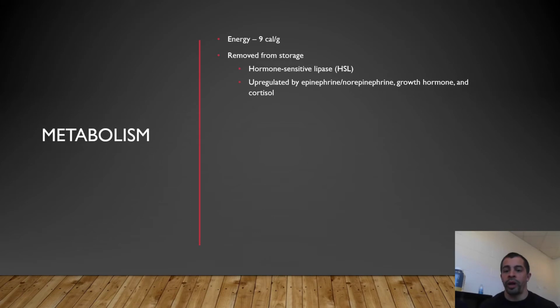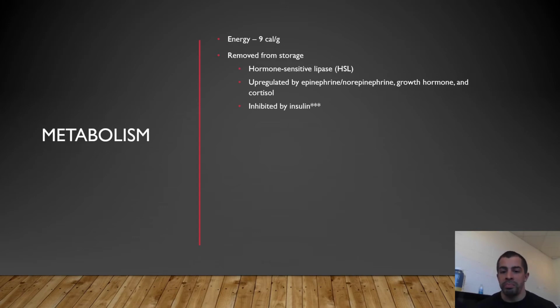Epinephrine and norepinephrine, which are your adrenaline hormones, growth hormone, and cortisol all upregulate hormone-sensitive lipase. So, essentially, as you get into that fight or flight mode, you can also burn more fat for energy. What we should know is that insulin inhibits hormone-sensitive lipase production.